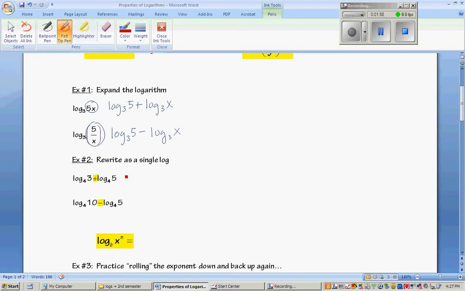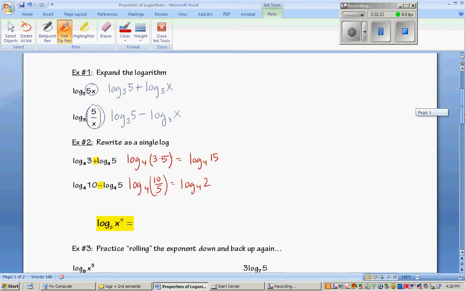The answer is going to be log base 4 of whatever 3 times 5 is, and so it's the log base 4 of 15. And again, we're going to say log base 4 of 10 divided by 5, and that's just going to be log base 4 of 2.